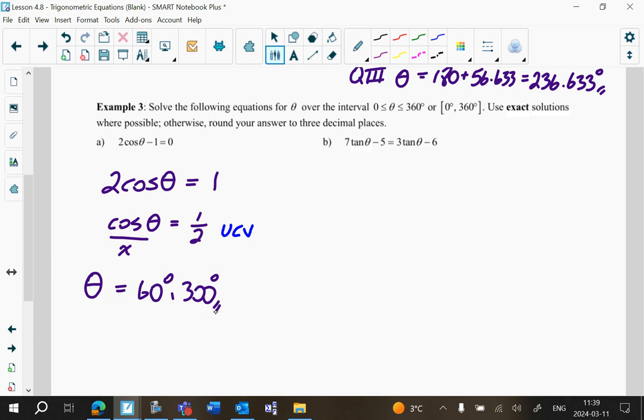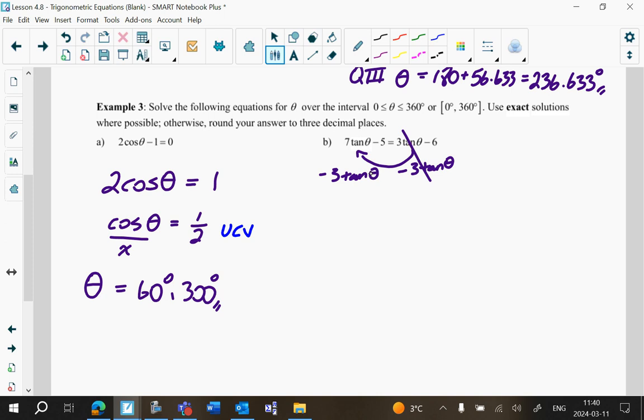This one, well, I've got tan thetas on both sides. So the first thing I want to do is bring the tan thetas to one side. So I'm going to swing the 3 tan thetas over here by subtracting them away. No, I'm still waiting to do it.